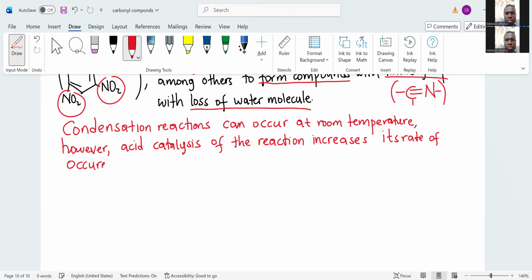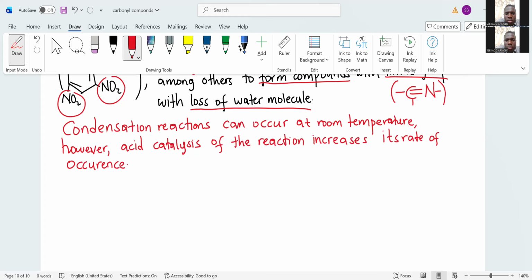I have said that condensation reactions can occur at room temperature, and there are two cases here. They can occur at room temperature. However, if you apply an acid, once you apply dilute sulfuric acid, acid catalysis of the reaction increases its rate of occurrence.